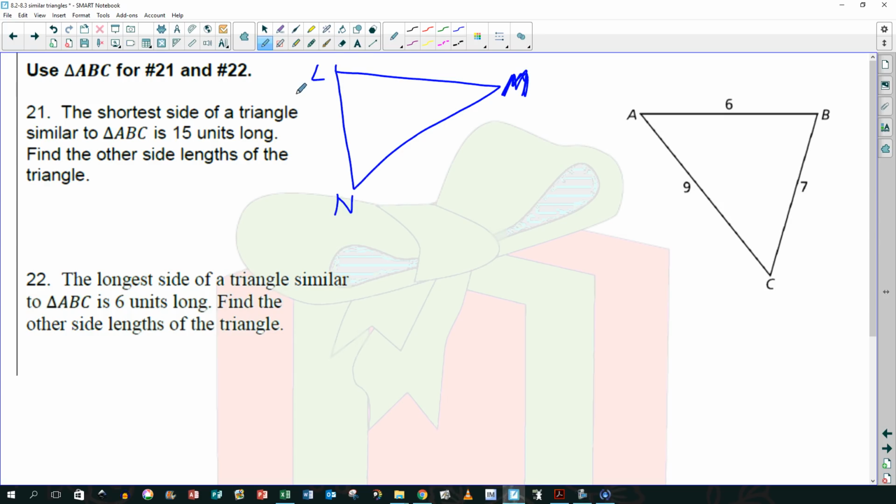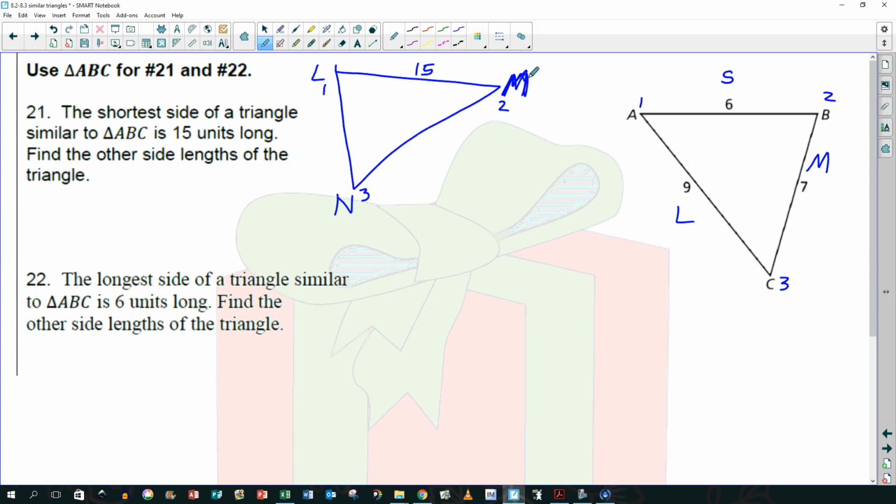So if ABC, let's go 1, 2, 3, 1, 2, 3. So this is the shortest, this is the longest, this is the middle. The shortest side of a triangle similar is 15. Well, this is 15.